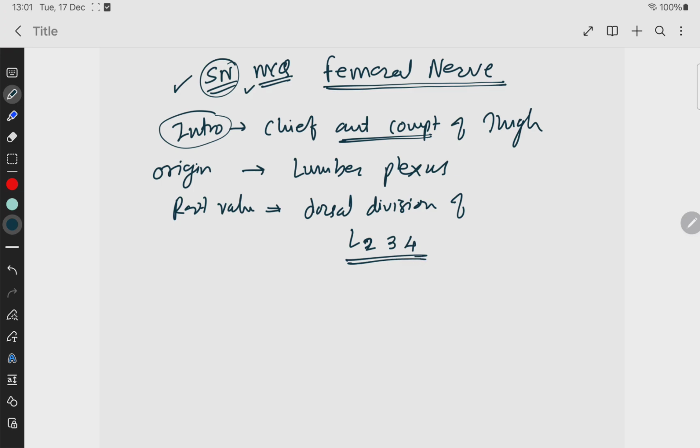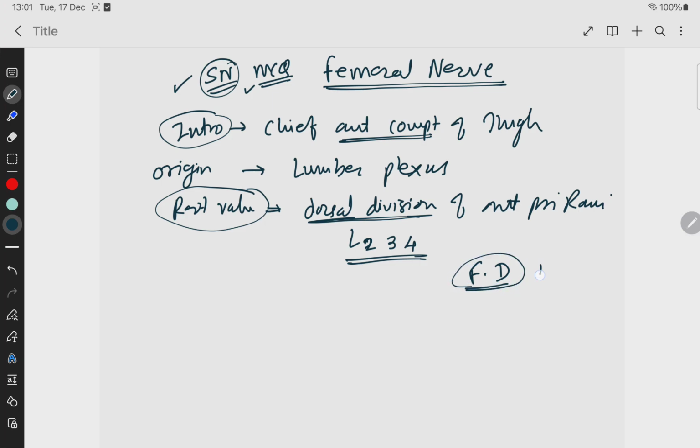You can remember like this: femoral nerve and D for dorsal division, FD as a fixed deposit.